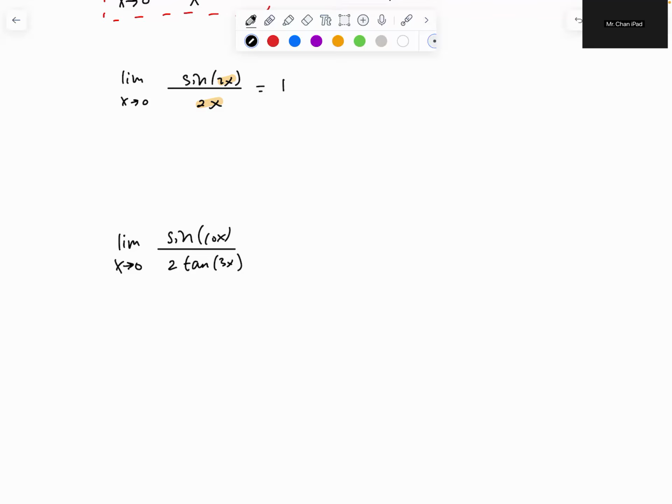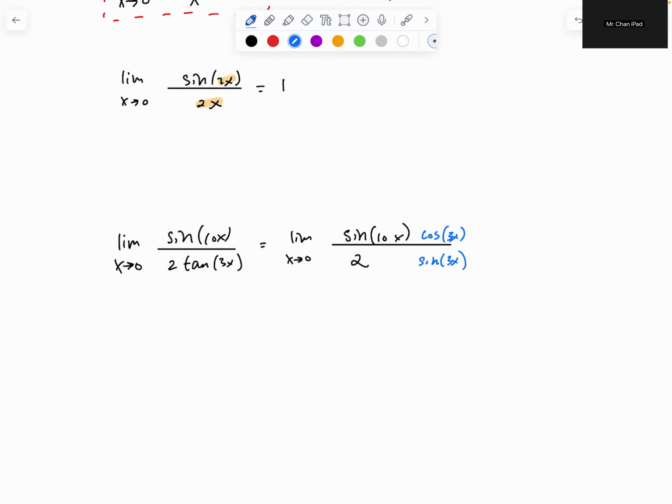Tangent is equal to sine over cosine, but when you change it and simplify to a simple fraction and not a complex fraction, what you would have is sine of 10x in the numerator. You have a 2 in the denominator. The tangent of 3x becomes cosine of 3x in the numerator and sine of 3x in the denominator.